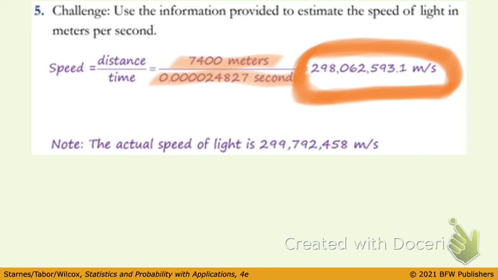So this is 7,400 meters divided by that really small number, and we get 298,062,593.1 meters per second. And that's pretty good because the actual speed of light is that. Pretty cool. All right, that is transforming data.